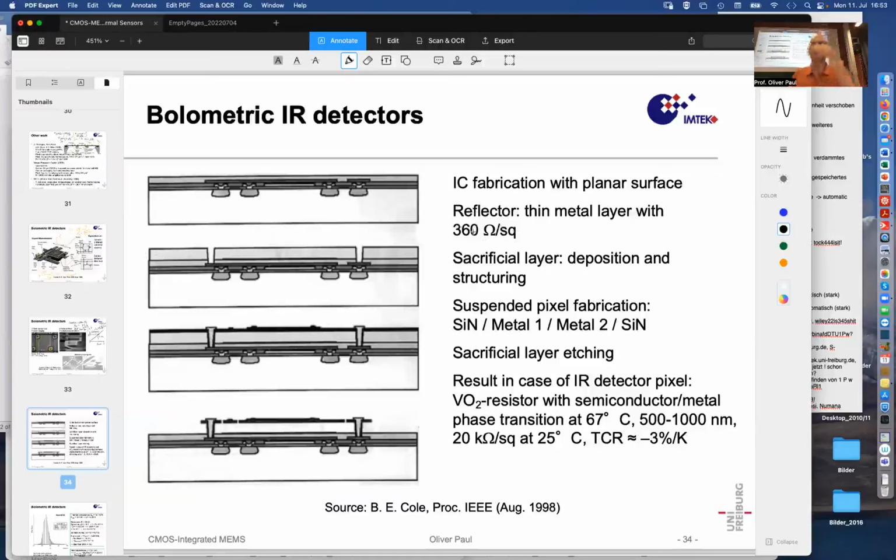And that makes it now not an ideal absorber, black gold, so to speak. It makes it ideally white gold. It reflects the radiation optimally. And then comes the sacrificial layer, which is spun on and then etched, and then the passivation layer.